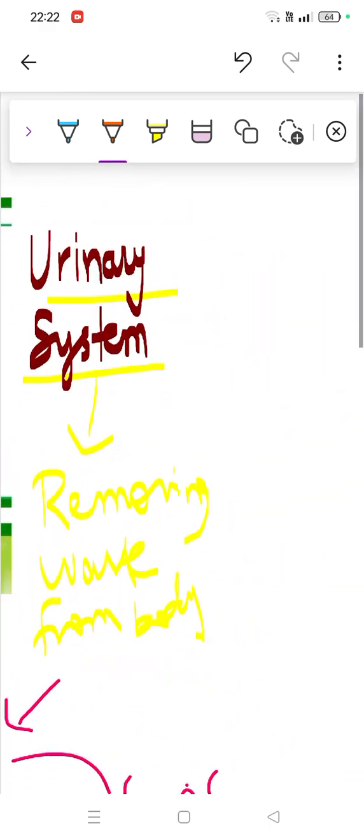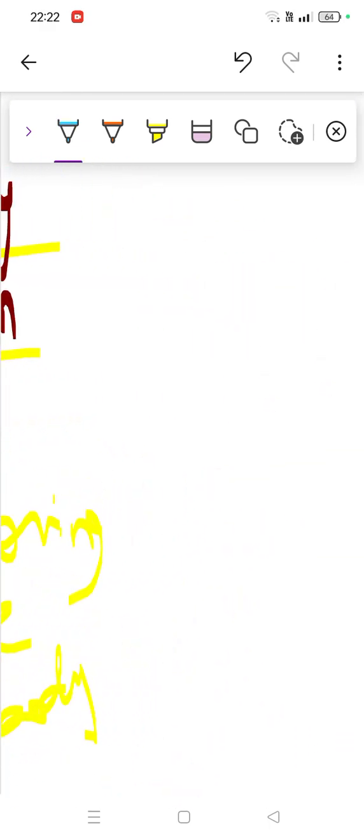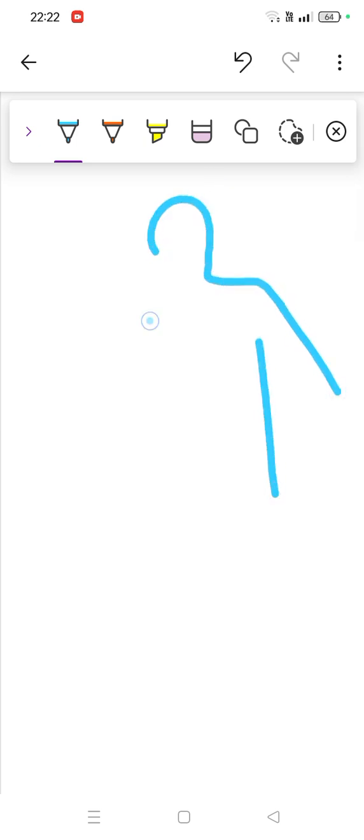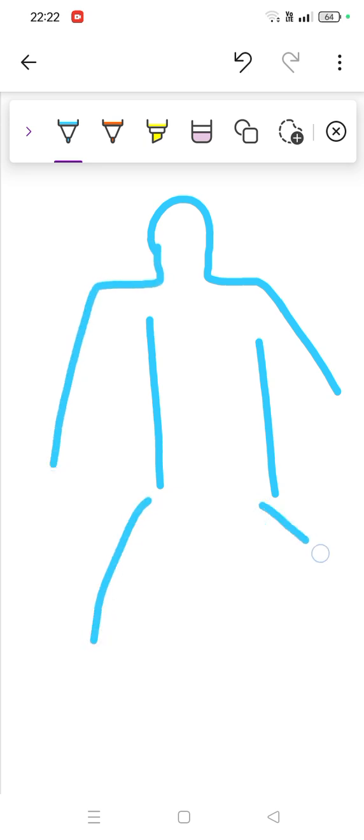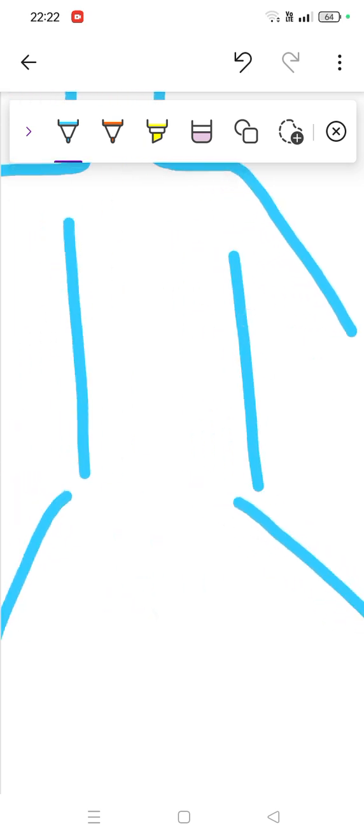And one more point here, when we talk about the kidney, this means the urinary system. If I just simply draw a human being, you will see the epithelial layer which is present around the entire body wall, the parietal peritoneum.